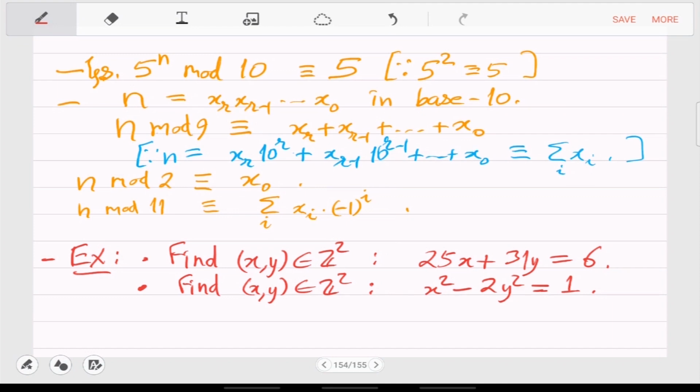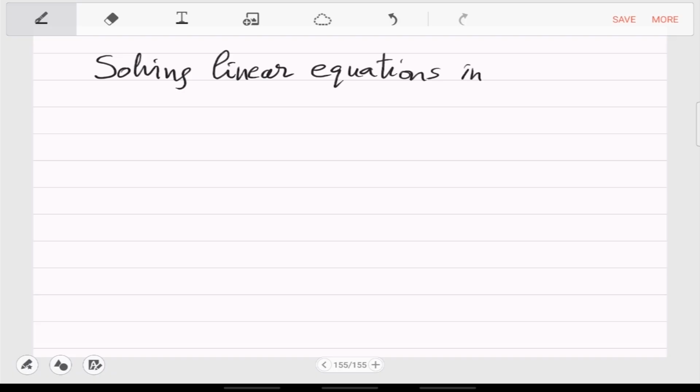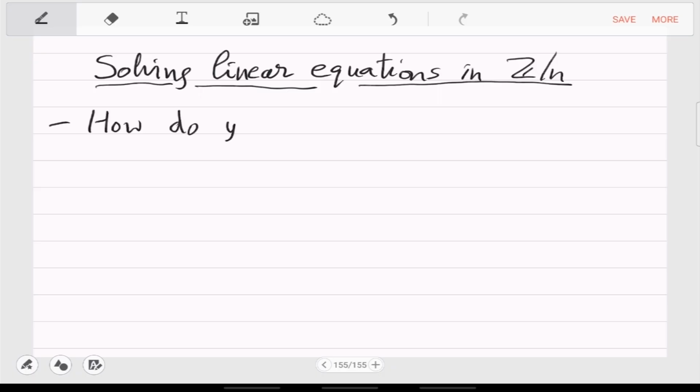Let's move to this linear system more systematically. So solving linear equations in modern arithmetic. The first question will be one variate, one unknown, and it's a linear equation.